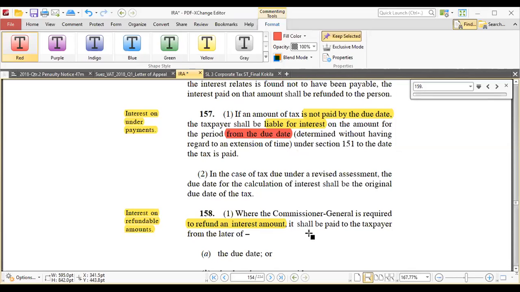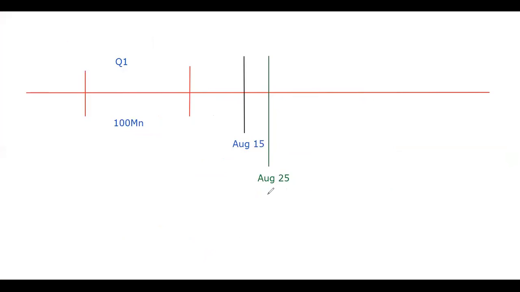Now, whatever we discussed on the whiteboard, interest is liable and required to be calculated from the due date. Interest from the due date, right?